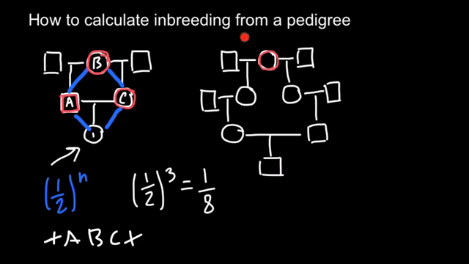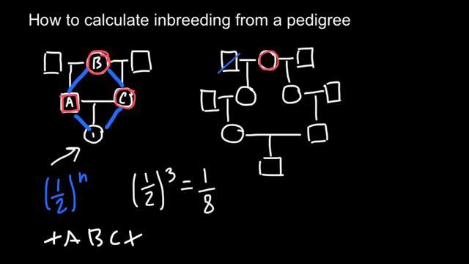But let's think about this person. Does this person share any of the genes with this person? So this daughter of these two people would have 50% of the genes of her mother, 50% of the genes of her father, but none of the genes of this unrelated person. So we can just cross out this person.